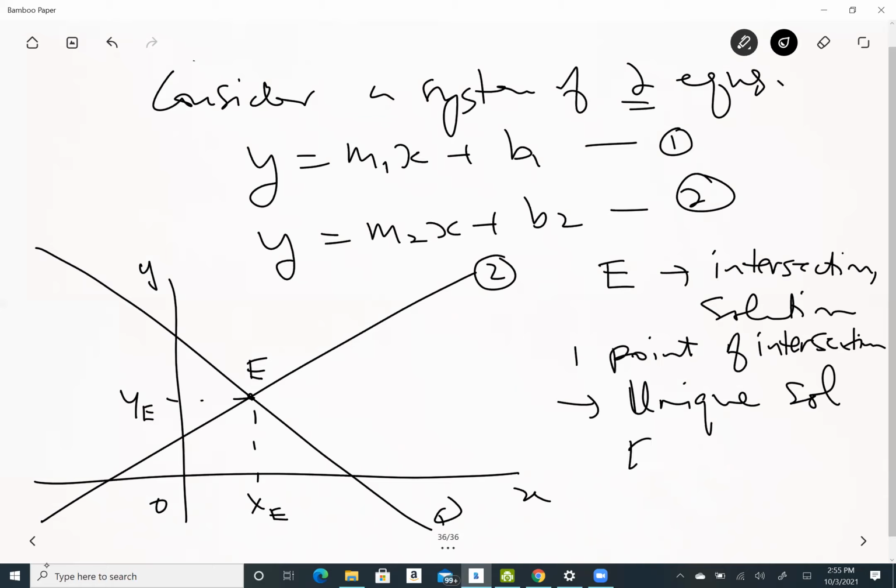So E, we denote that by XE, YE. So E is the equilibrium. And that, of course, is a point XY. And that is XE, YE. Okay, so that is our solution. So here, there is only one solution.